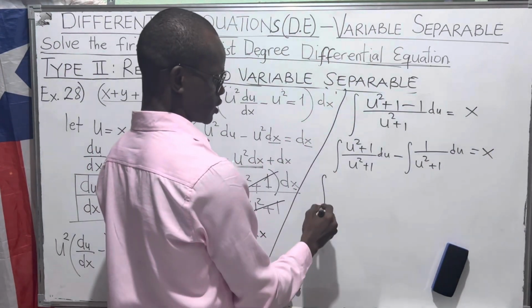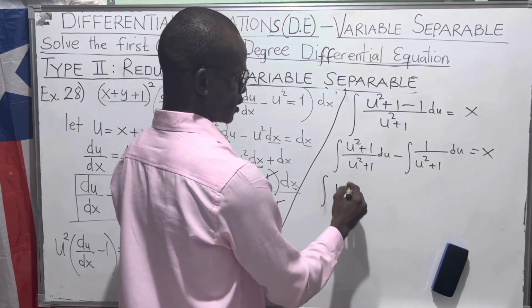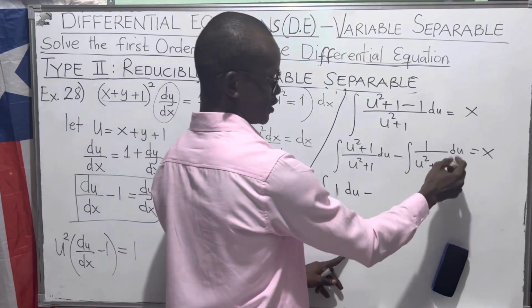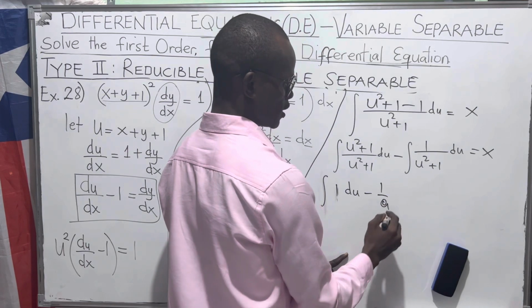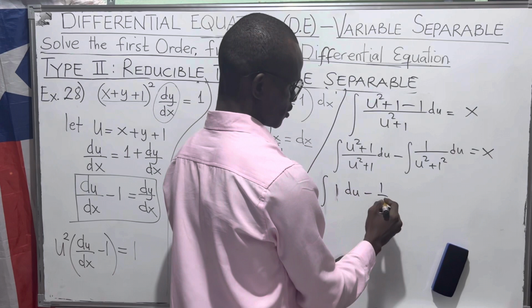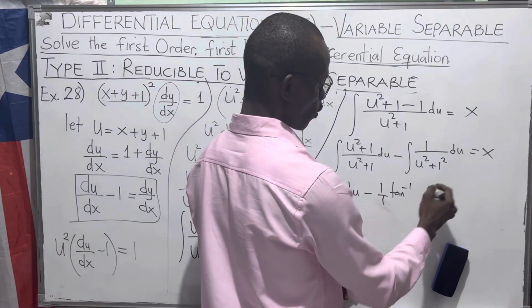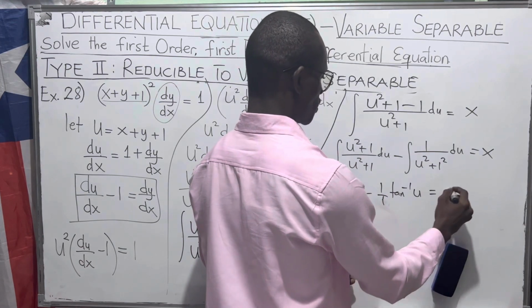The first is just the integral of 1, which is u. The second is 1 over a squared plus u squared with a equal to 1, which gives tangent inverse of u over 1, so it's just tangent inverse of u, equals x.